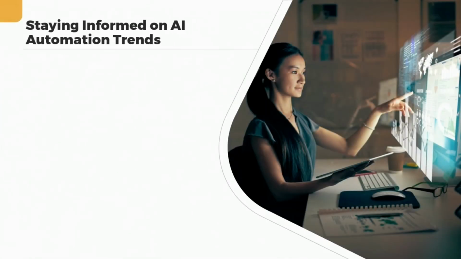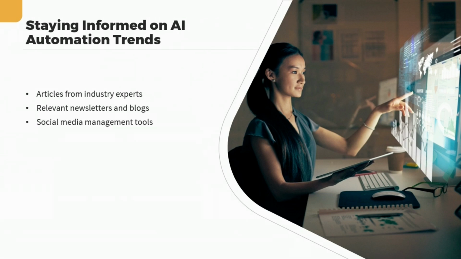Now, various resources can help individuals and organizations to stay informed about the latest developments in AI automation. For example, reading articles authored by recognized experts in the field of AI and automation can help with gaining insights into emerging trends, technologies, and best practices. Also, subscribing to newsletters and blogs that focus on AI automation topics to receive regular updates and analysis from thought leaders and practitioners.